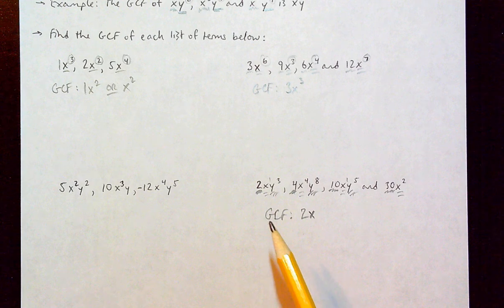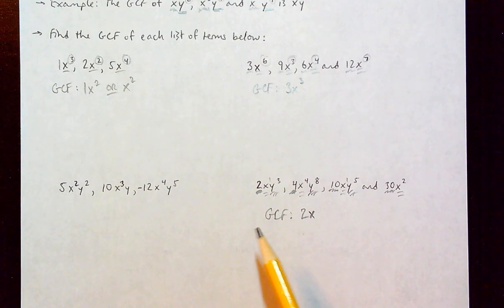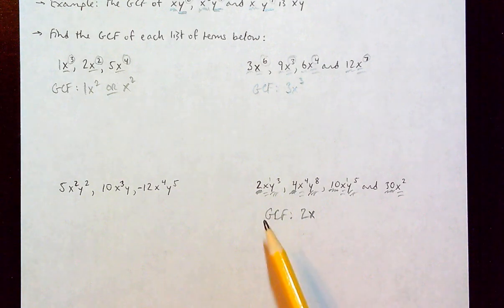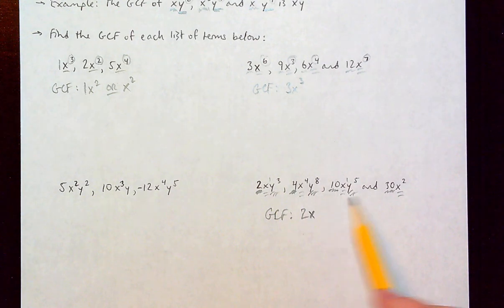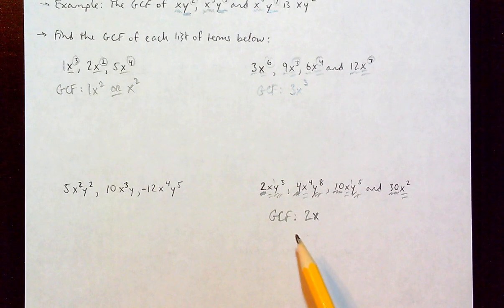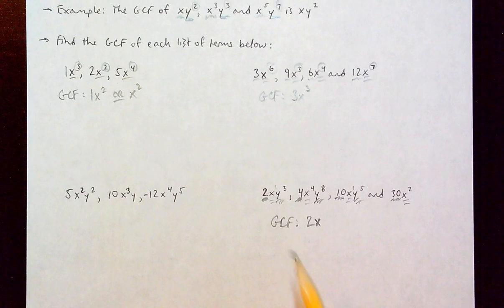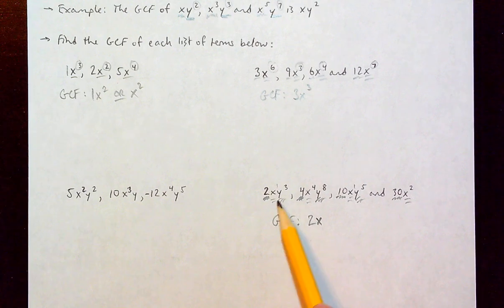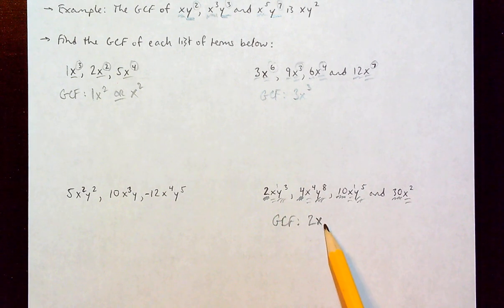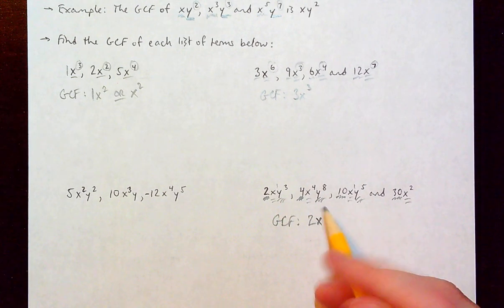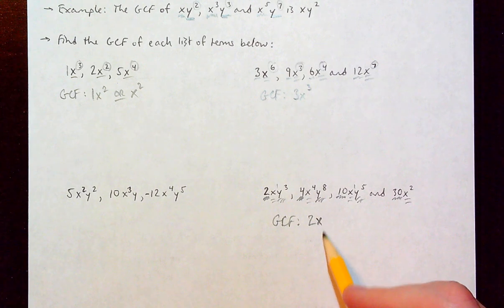Just like it didn't appear in the GCF if it was not a prime number that was a factor. If the variable does not show up in all of the terms, it's not going to show up in your GCF. So we have to stop here. There's no y showing up in our GCF, so the GCF is just 2x.